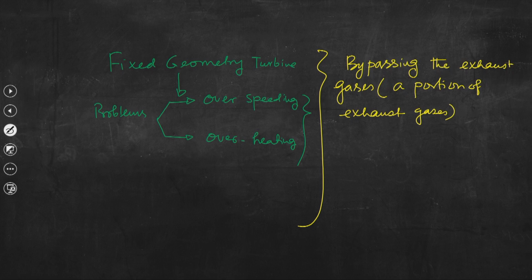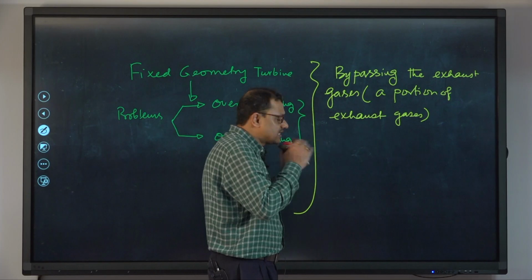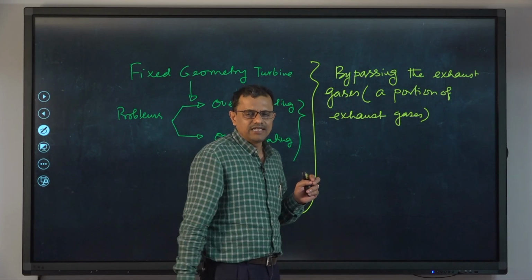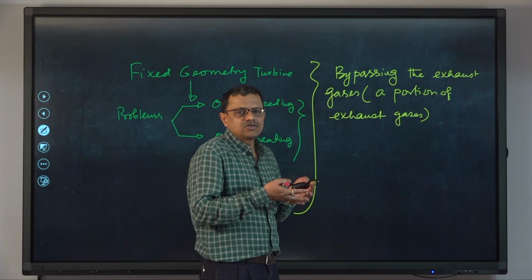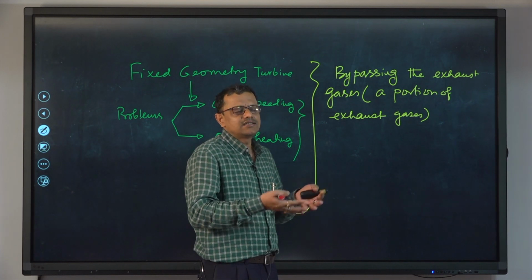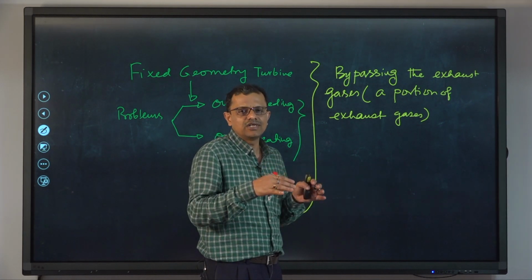Now, if we need to bypass it, we have seen that the turbine, whether it is a fixed geometry turbine or a variable geometry turbine, is installed at the exhaust manifold, because exhaust gases are liberated by the engine through the exhaust manifold into the ambience.